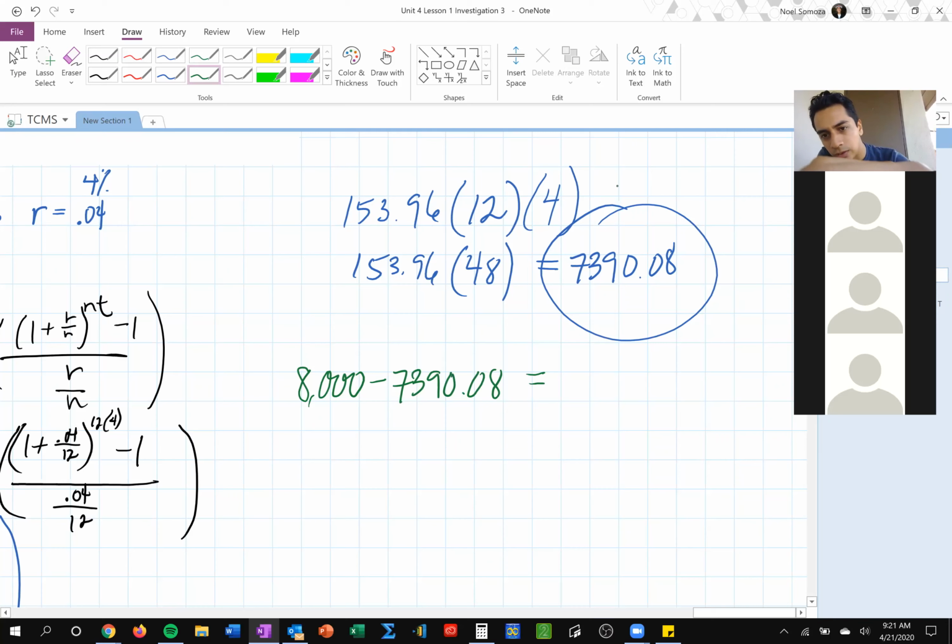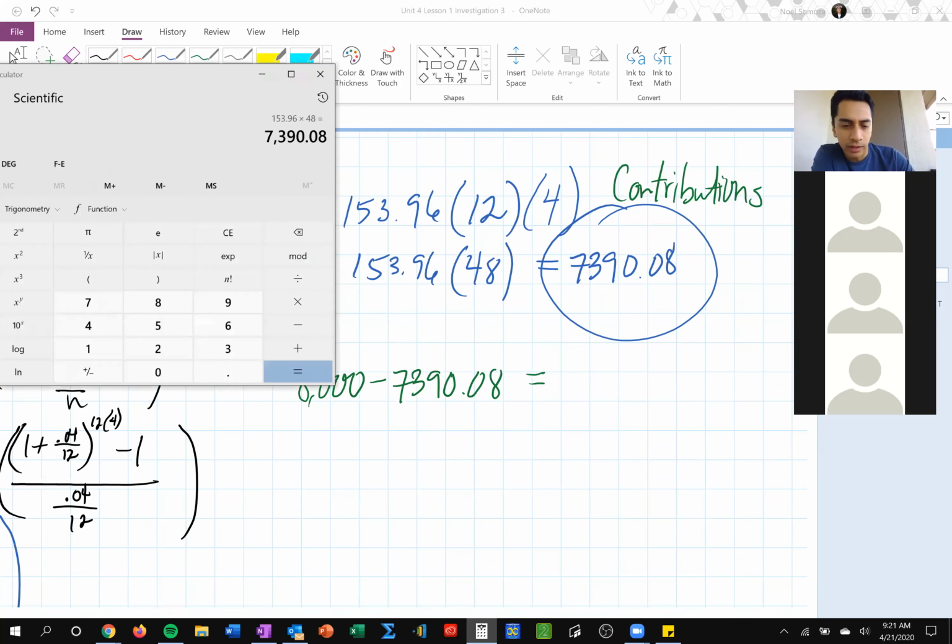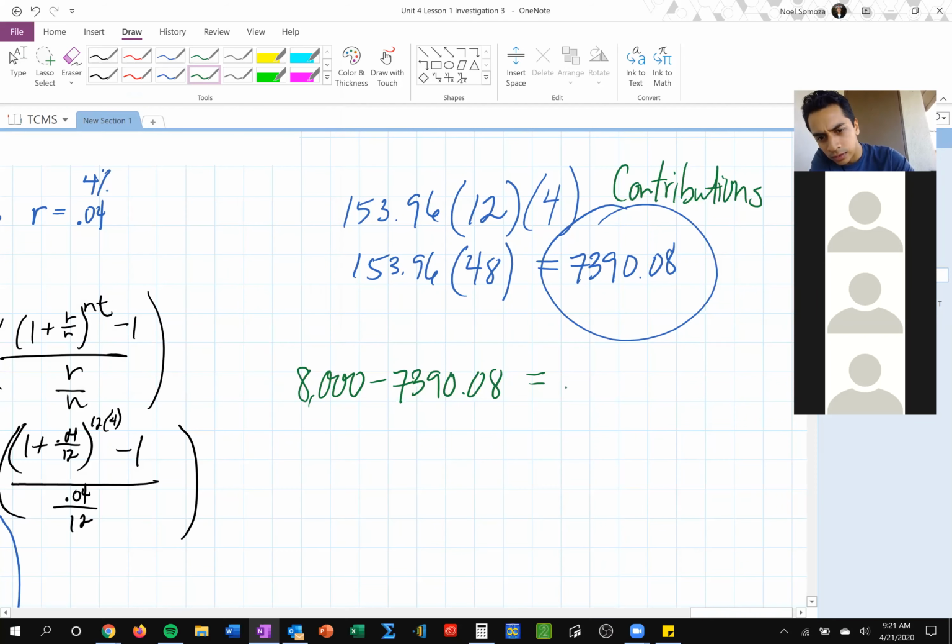So this is her contribution here, and whatever we get from this would be just the interest that was earned. So she earns a little over $600 in interest, $609.92. Right, so this is the interest earned.